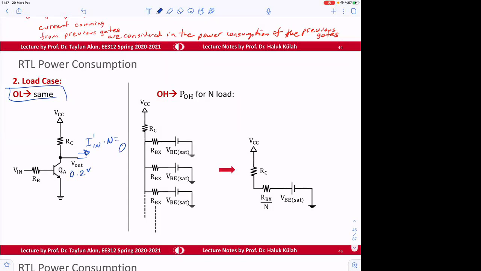So it's same. So P output low is going to be equal to VCC times (VCC minus 0.2 volts) divided by RC. Okay, but output high case depends on the N, the load.